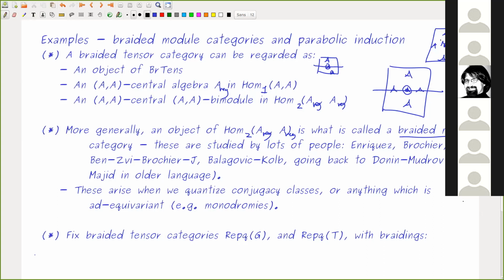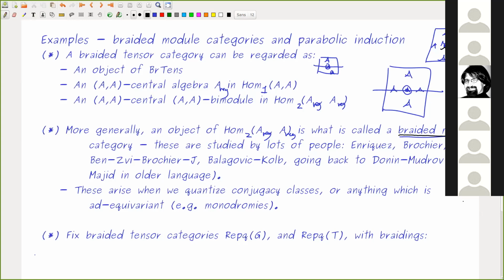Okay. So this structure that Greg is asking about is something I want to spend some time focusing on. But I just want to name that in the quantum topology and quantum algebra literature, it's been studied a lot under the name braided module categories. They were introduced by Enriquez and Brochier. They appeared a lot in some computations that I'll explain, and they are important in the theory of quantum symmetric pairs.